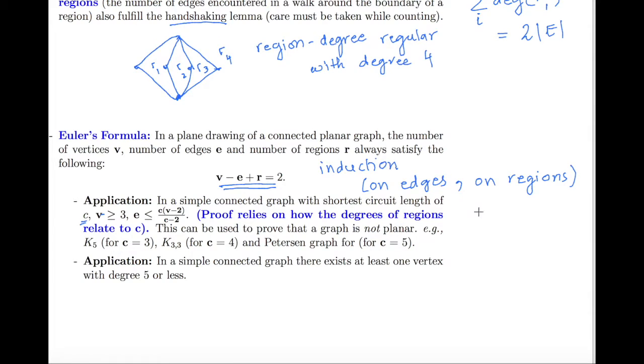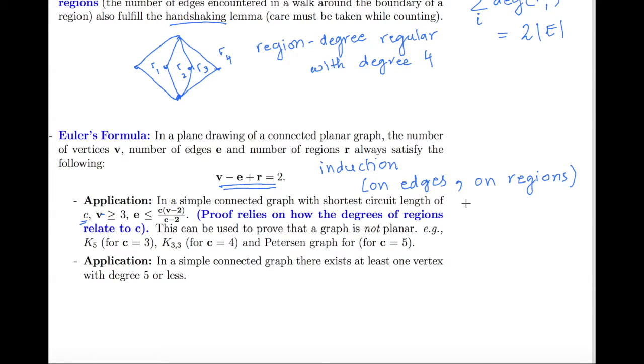Now the question is, what does the shortest circuit length have to do with the region? Note that a circuit is a cycle, right? We start with some vertex, move around the graph and end up with the same vertex. So the number of edges we encounter is the same as the boundary of that region of the path.